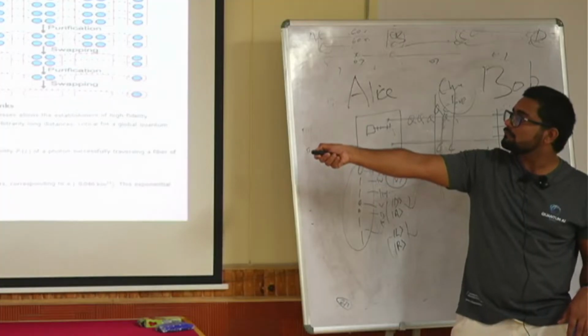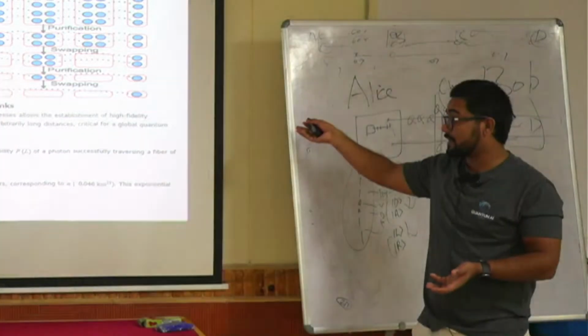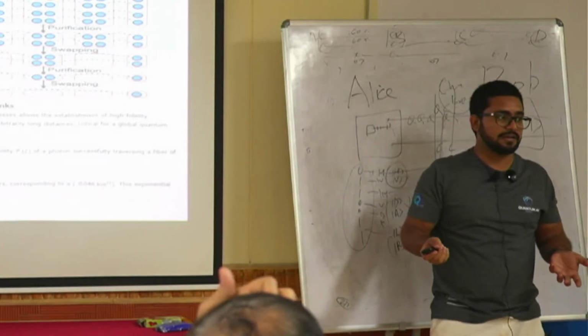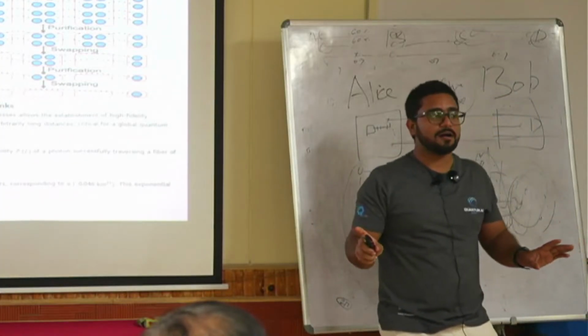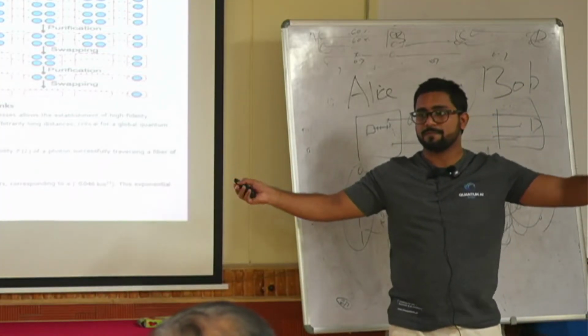You can do distributed quantum computing. Either you can teleport your quantum information, or you can even send a non-local operation. I was discussing previously a non-local CNOT gate. A non-local CNOT gate can only be developed if you have entanglement between two non-local nodes.